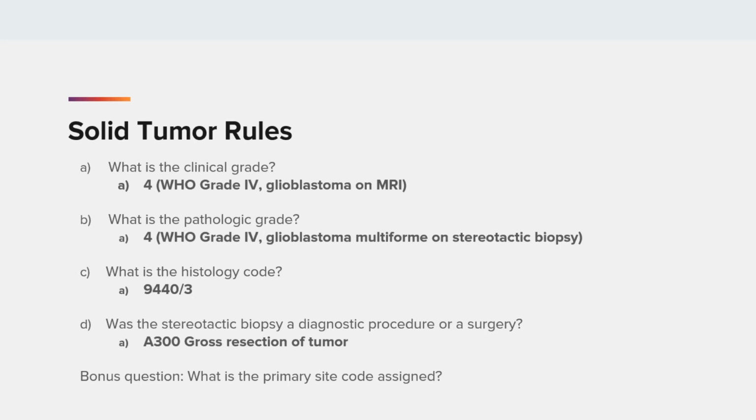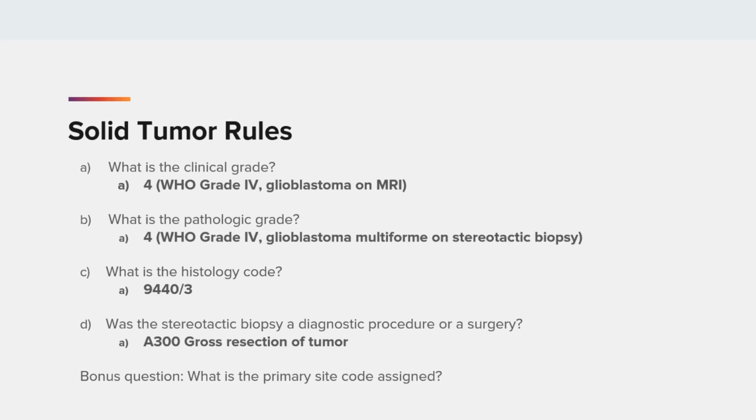What is the histology code? 9440/3, glioblastoma NOS. 9440 synonyms per the Solid Tumor Rules include glioblastoma multiforme. This is not a subtype, just another name for glioblastoma. Also, if you look there, the synonyms include glioblastoma multiforme, glioblastoma IDH wild type, and epithelioid glioblastoma.